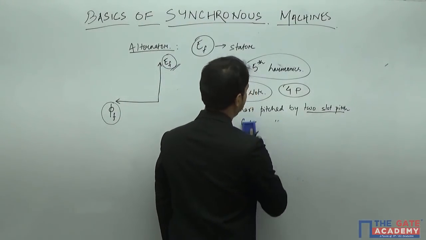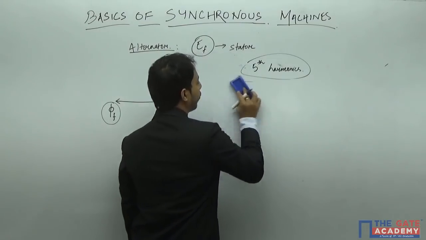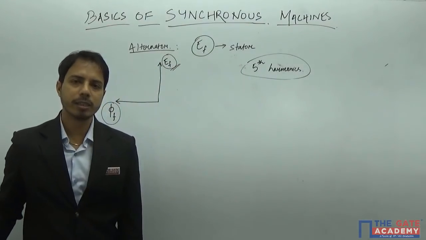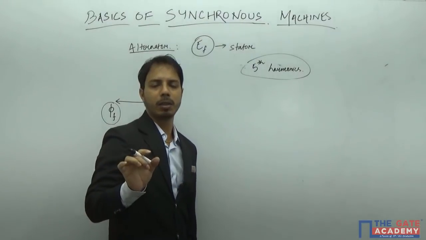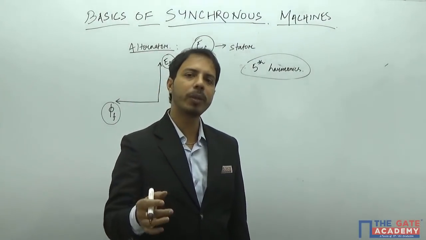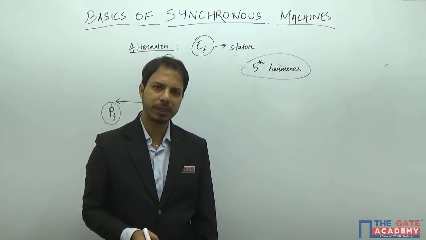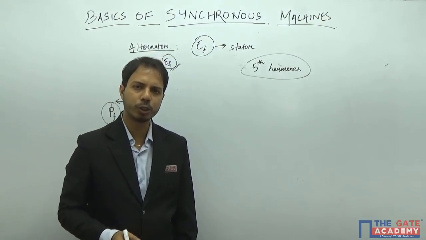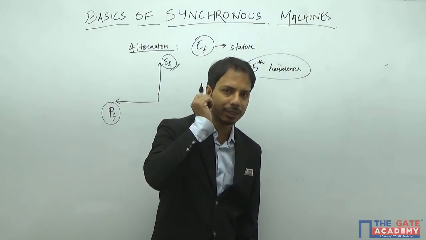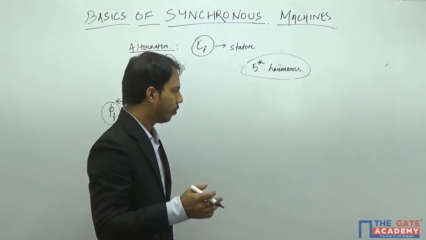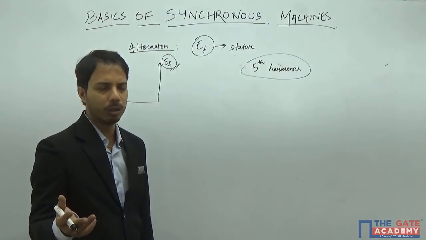Now the questions may be asked in this way also. They will ask by how many slot pitch we should short pitch the winding so that the fifth harmonic is 0.